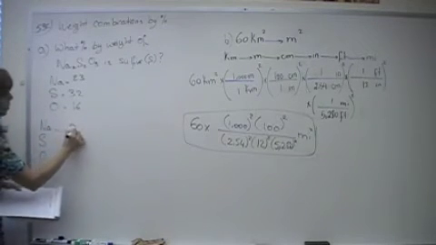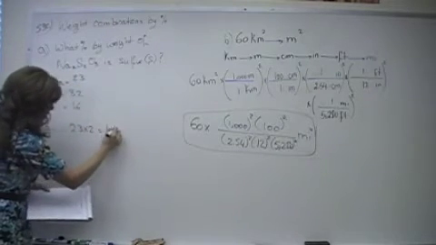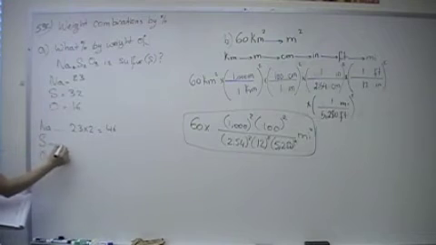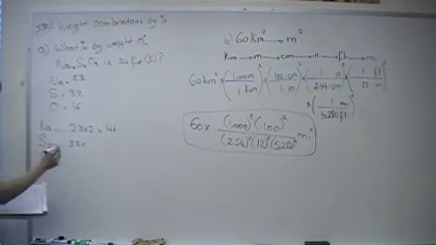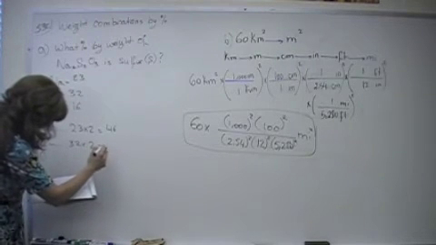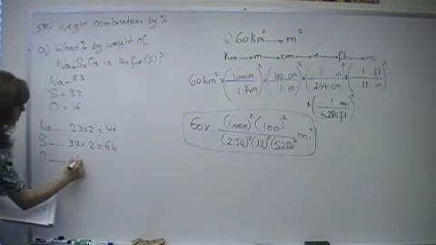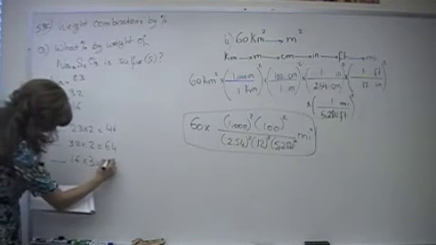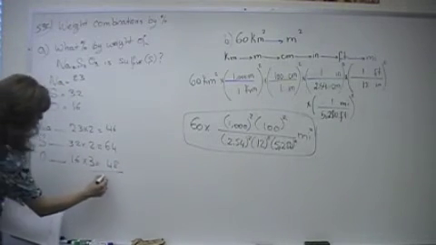Na is 23, and I have 2 of them, so that would make 46. S is 32, and I have 2, so I'm going to multiply by 2 to get the weight, 64. Then I have the O is 16, multiply that by 3, and that would be 48. Add them together, the total will be 158.